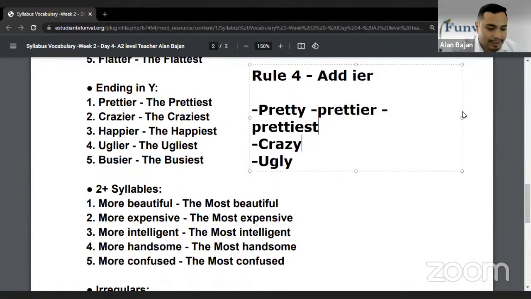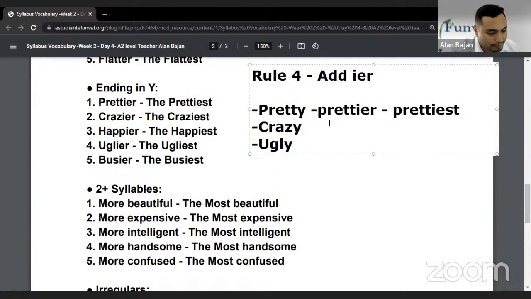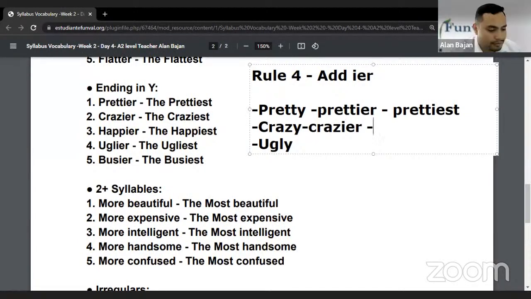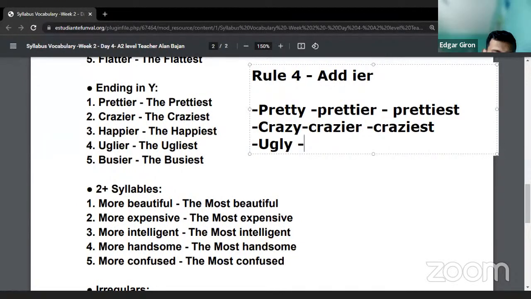What about crazy, class? Crazier. And superlative? Craziest. Okay, for ugly, write the comparative and superlative in the chat.